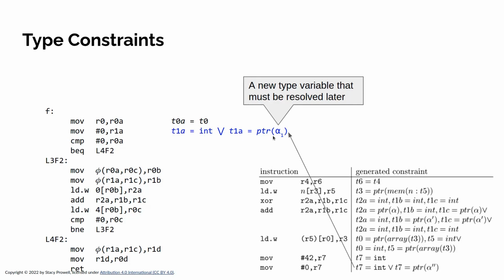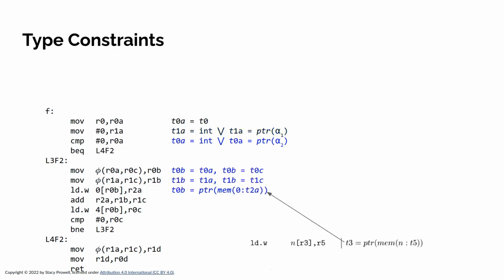Could be a pointer to some alpha we haven't seen, a type variable that maybe we'll resolve later, maybe we won't. Let's see. We proceed the same way. We put 0 in here, same basic condition with just slightly different parts. Different alpha over here, alpha sub 2, because we don't have any reason to conclude they're the same.